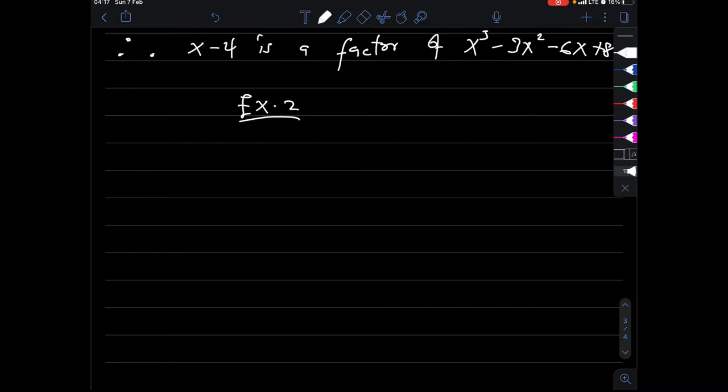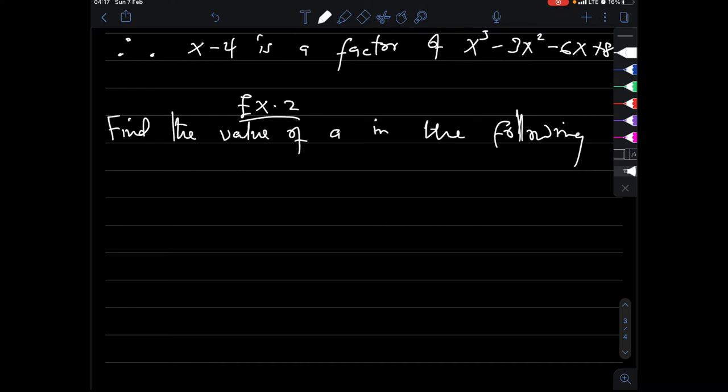So for example 2, it says find the value of a in the following.